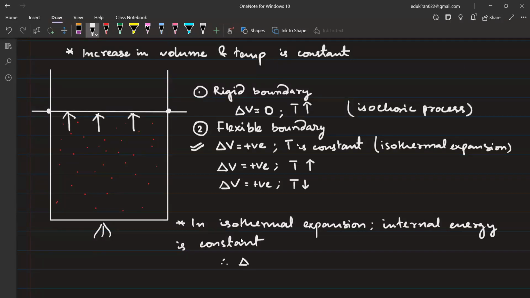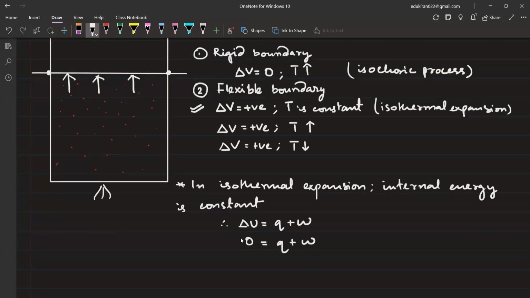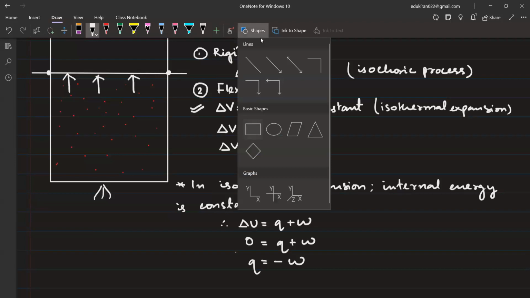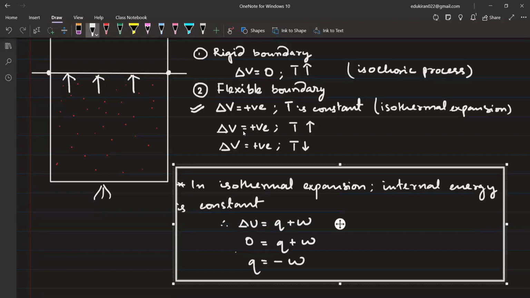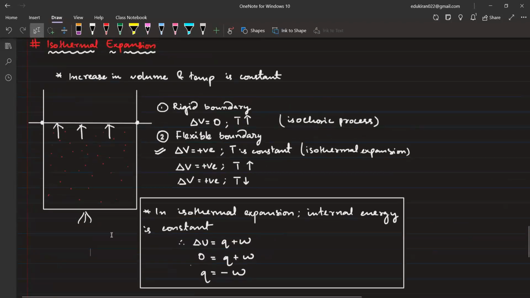Therefore, delta U equals Q plus W. Internal energy is constant, so change in internal energy is 0, equal to Q plus W, and then Q equals minus W. This is an important result you should remember: in isothermal expansion the change in internal energy is 0, so we can derive the heat exchange by looking at the work done.